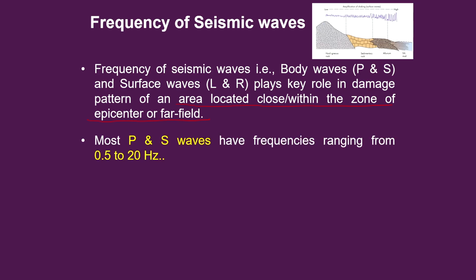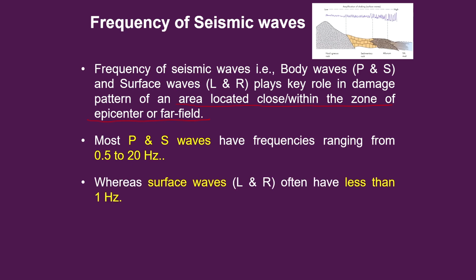Now, coming to the P and S wave, they have frequencies ranging from 0.5 to 20 hertz. Whereas the surface wave often has less than 1 hertz. So, you see quite a different amalgamation of the frequencies generated during a particular earthquake.